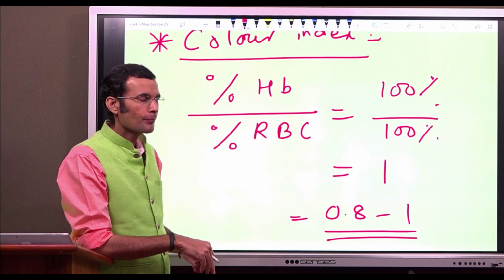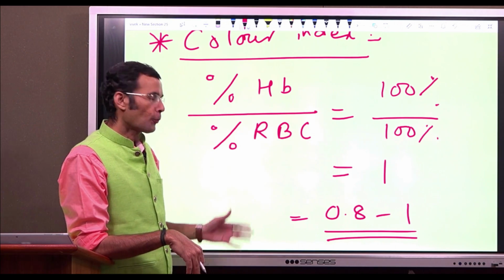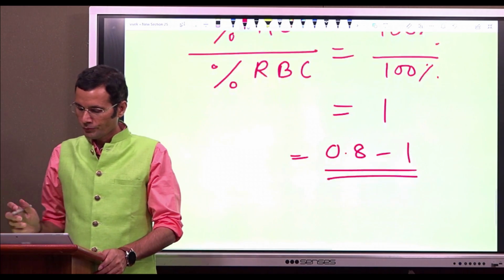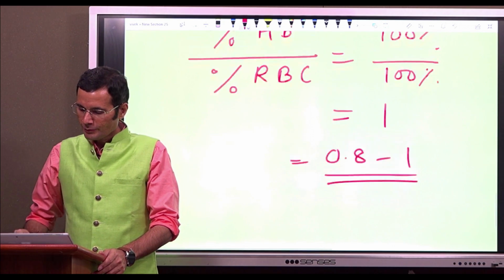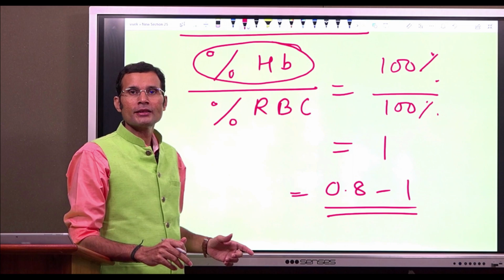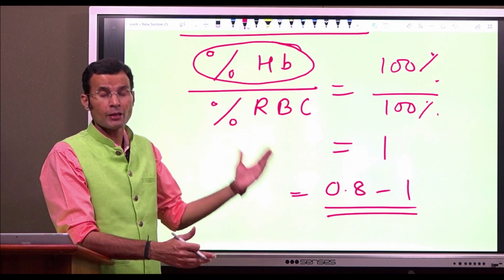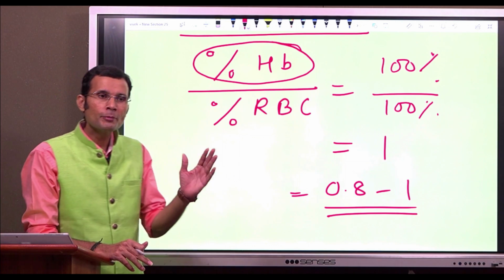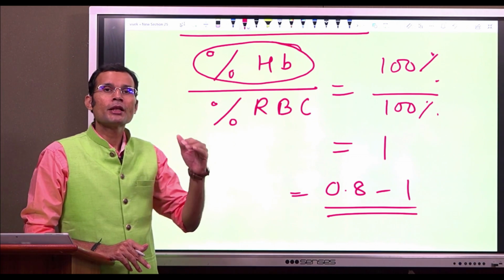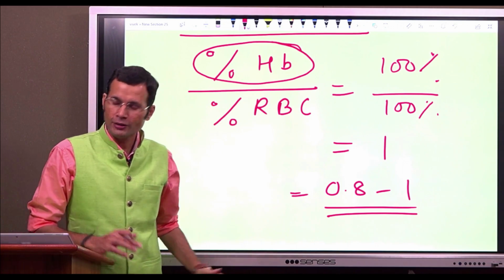If this value falls below 0.8, that means the numerator, the hemoglobin percent, is dramatically less in the individual as compared to the RBC count. So the RBC count is okay, but the hemoglobin level is less, and therefore color index has fallen.